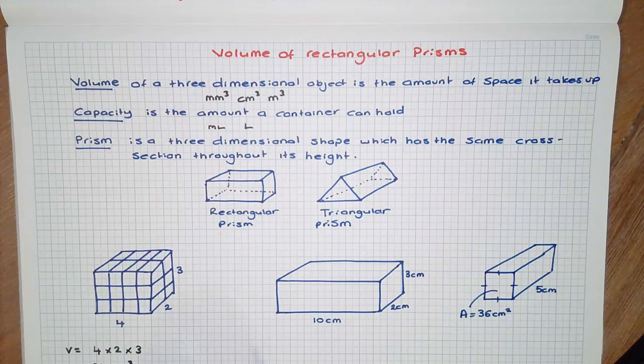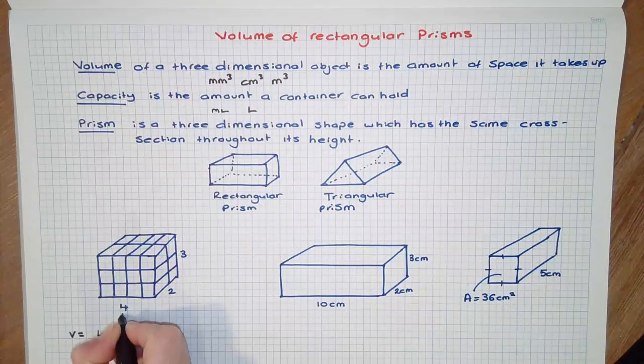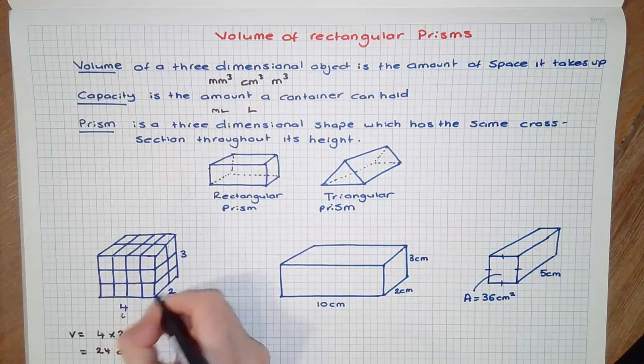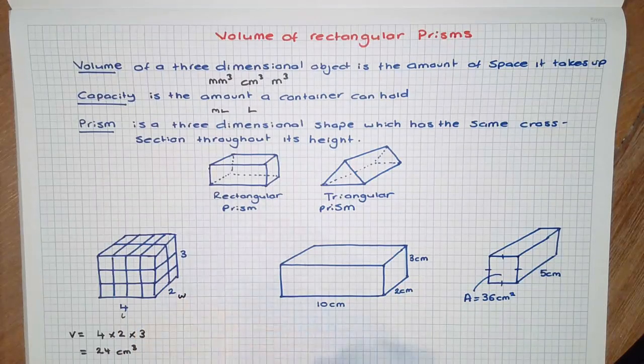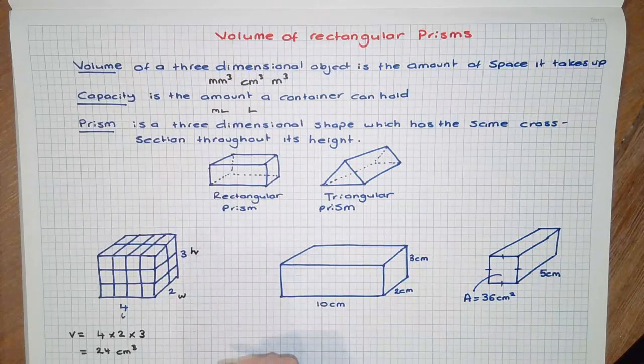centimeters cubed. It doesn't matter which one's the length, which one's the width and which one's the height, because we can turn the object around and the volume wouldn't change. So let's just say L for length, W for width, and H for height.